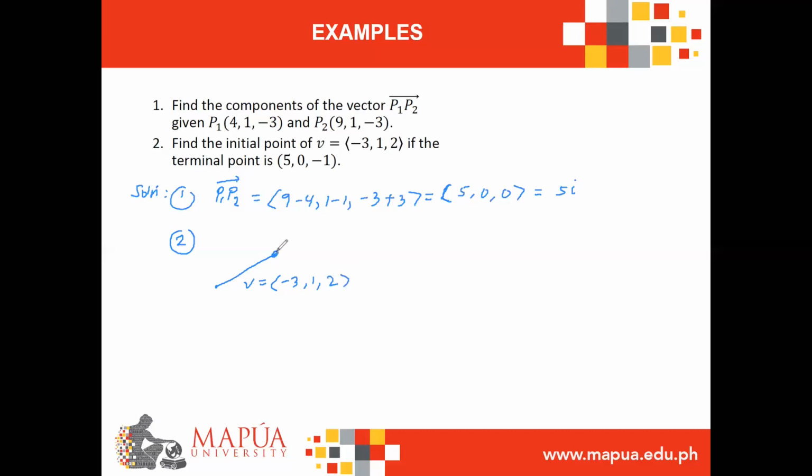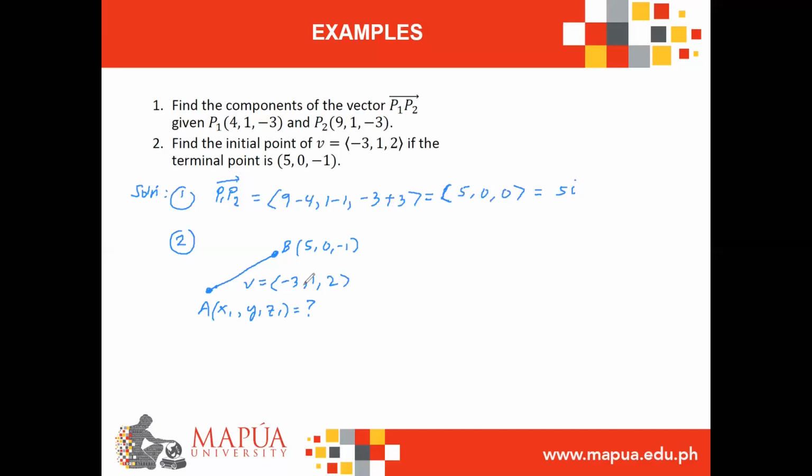Then we have the terminal point, let us call this point B, with coordinates 5, 0, negative 1. And let us have point A as the initial point, whose coordinates are x1, y1, z1, and it is to be found.